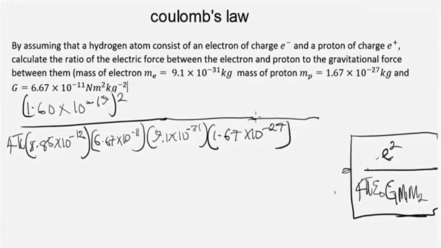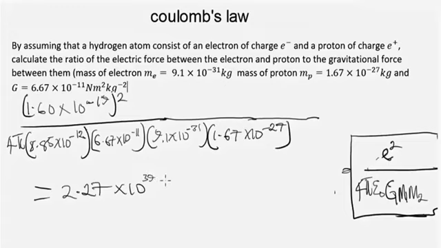Alright, so now we have all this. You simply plug it in your calculator and then you realize the final answer is 2.27 times 10 to the power of 39.